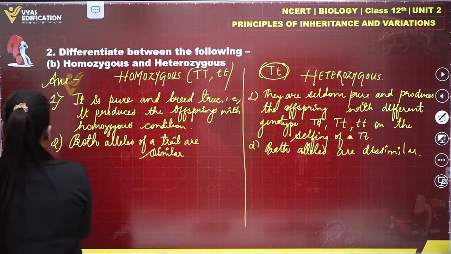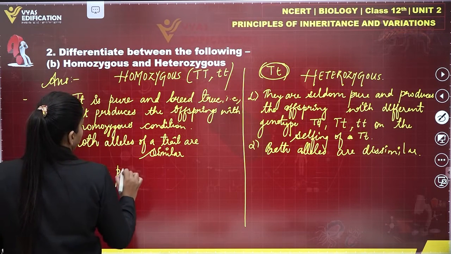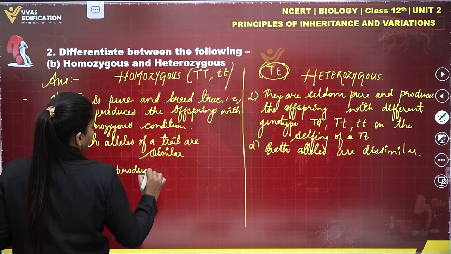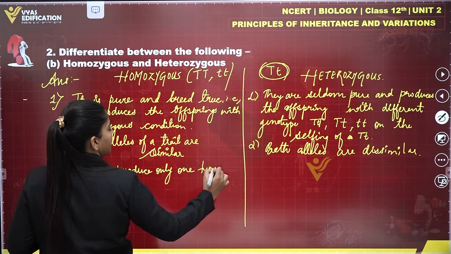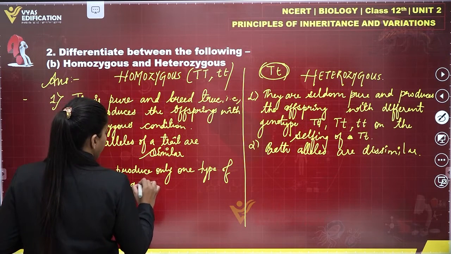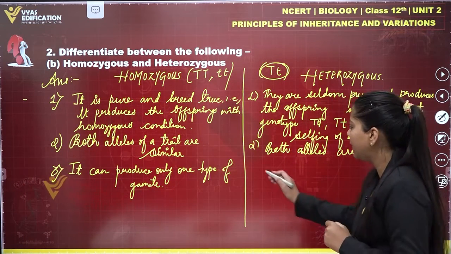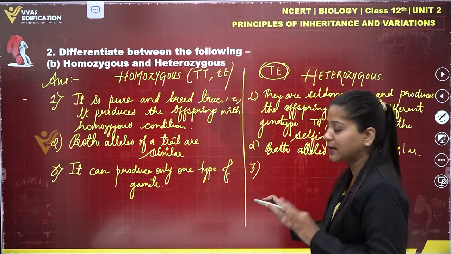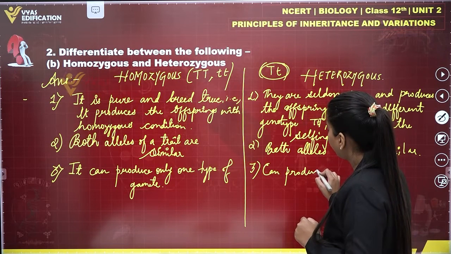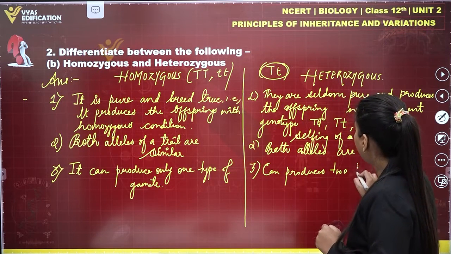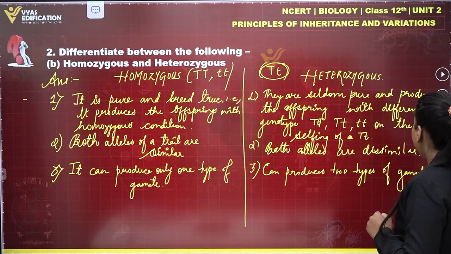The third basic difference between these two is it can produce only one type of gamete always. At the time of gametic formation, it can only produce one type of gamete, whereas this heterozygous condition can produce two types of gametes.